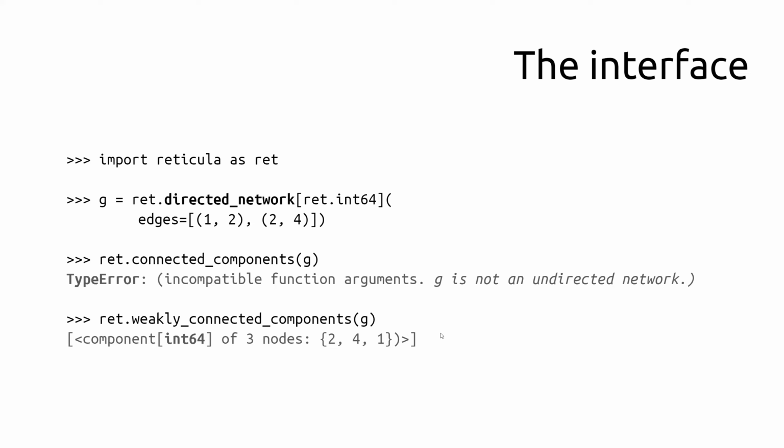This is a choice that different pieces of software made in different ways. For example, NetworkX would happily give you an answer for connected components of a directed network. It would assume that you want weakly connected component or strongly connected. Actually, I don't know. And that's the problem.